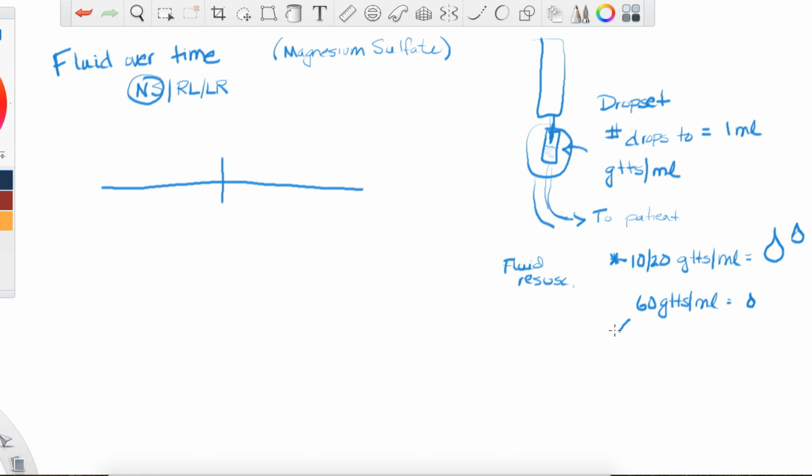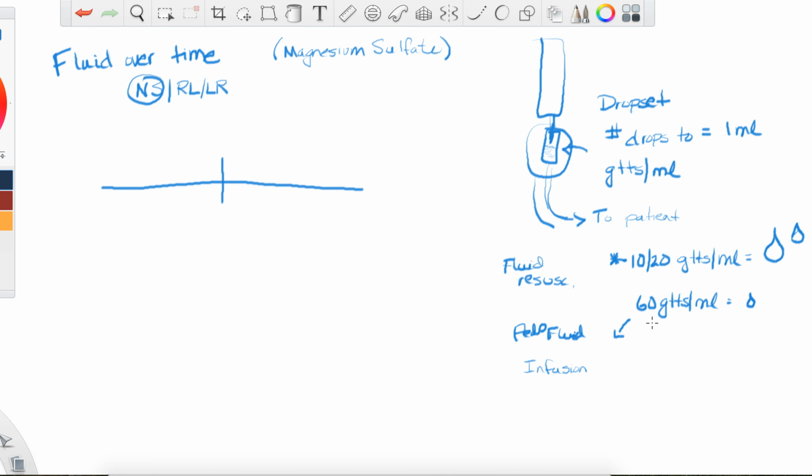This is what we'll use for fluid resuscitation in children, or to administer an infusion. Because again, the smaller drops lead to better control of the actual dose that you're administering.